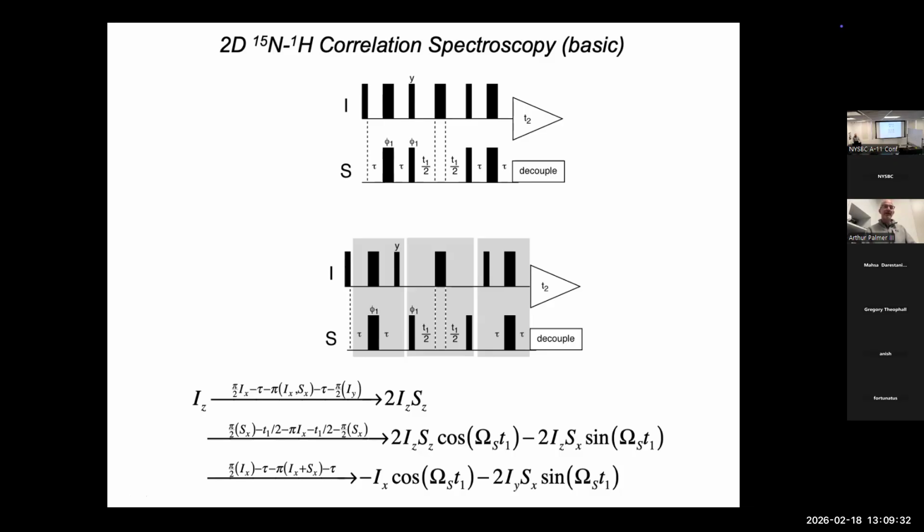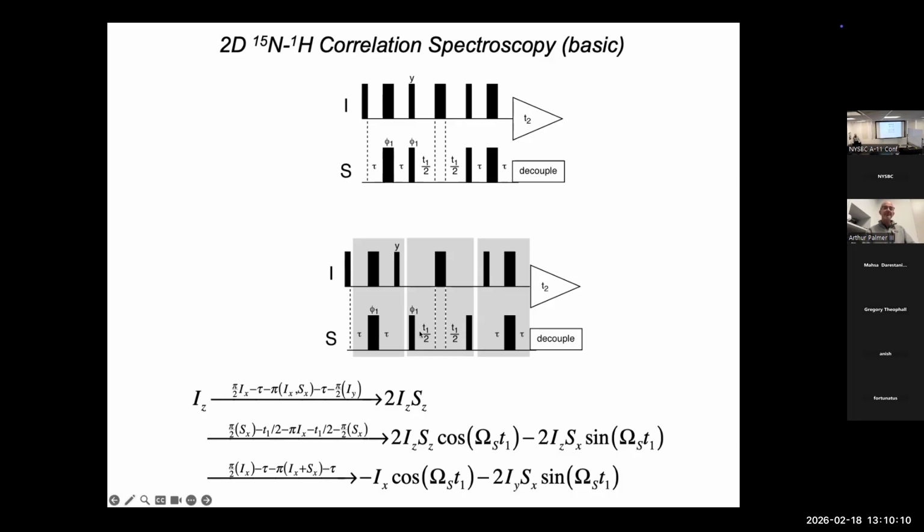And this assumes that I adjusted the delay so that 2 tau is equal to 1 over 2J, so that the modulation of the coupling, which goes as sine pi J T, the sine term is maximized. So then tau is 1 over 4J. So the 2 tau is 1 over 2J.